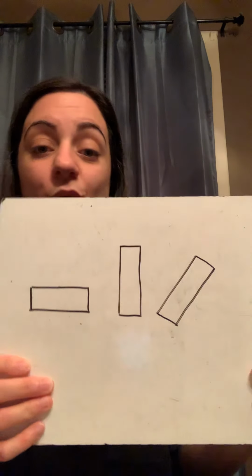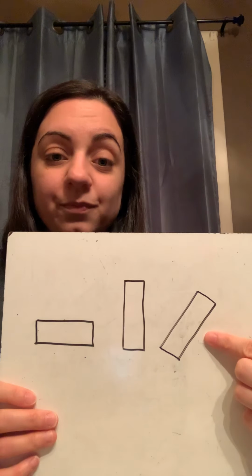So friends, look at what we did here. It doesn't matter how we turn our shape. It doesn't matter if it's laying down, if it's standing up, or if it is slanted.